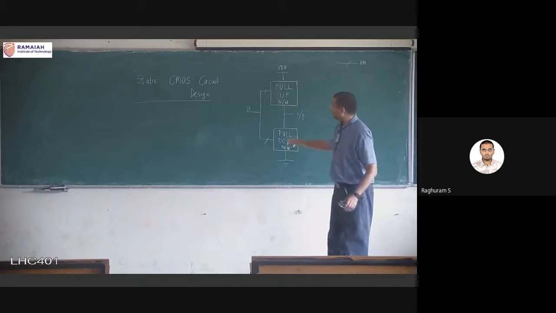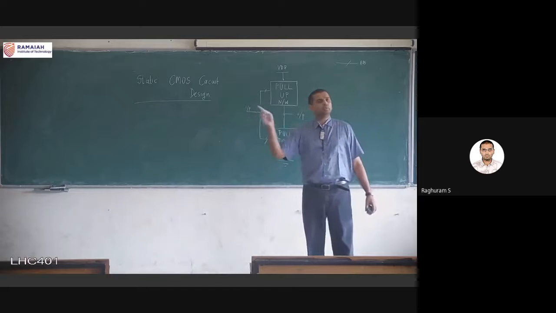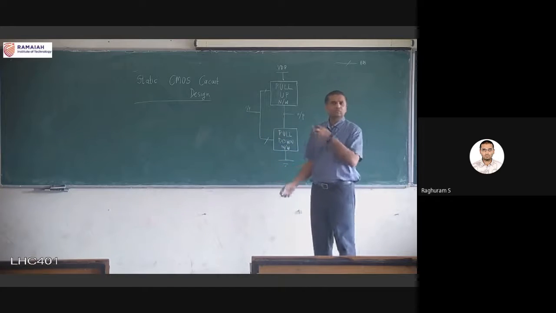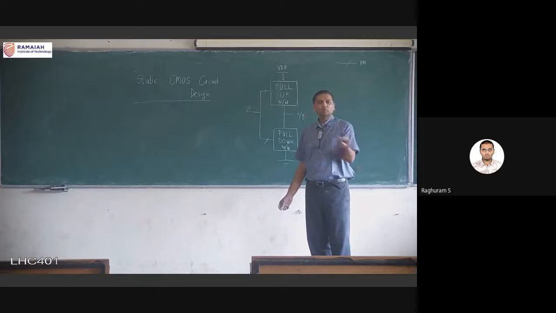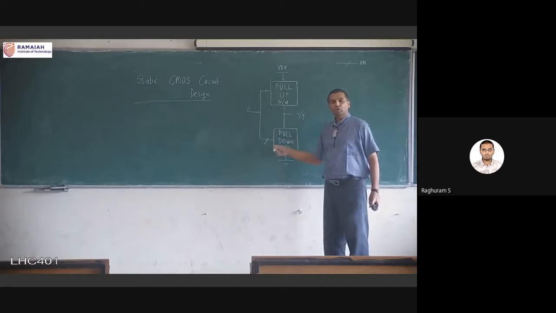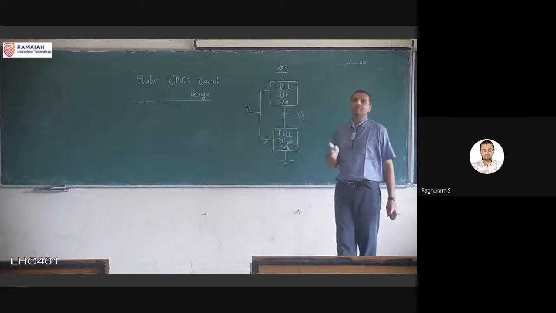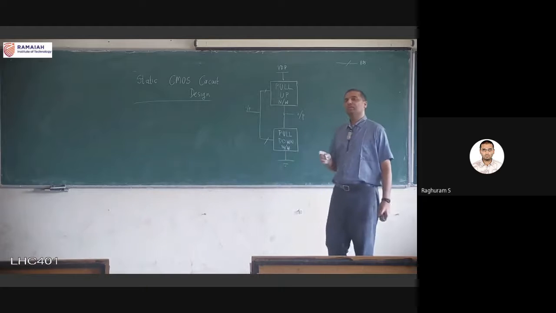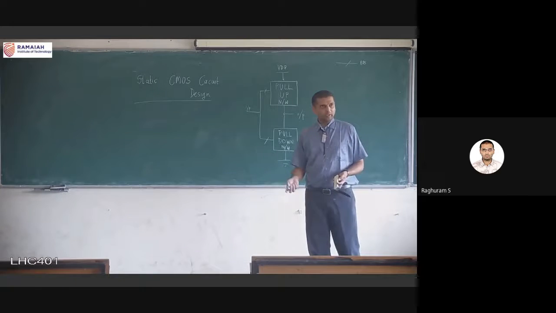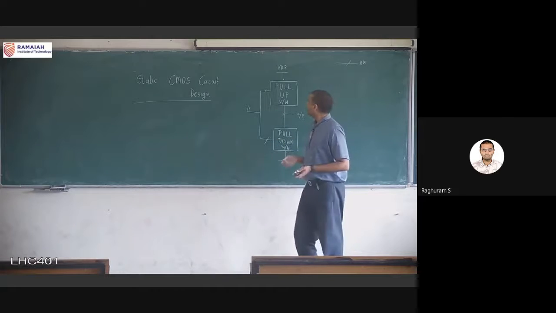Here also it is the same thing, not necessarily only one input. You can give 2 inputs, 3 inputs, 4 inputs, based on the functionality. But the inputs have to be given to both the networks, and these are networks of transistors, which means there can definitely be more than one, and they can be in series or in parallel. So I'll write down some of these things.